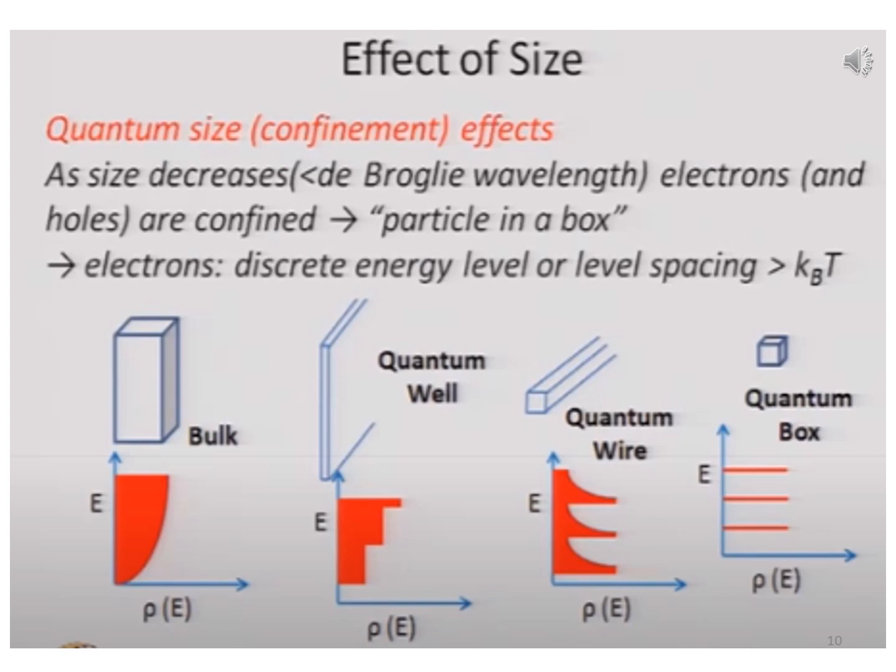But in the case of a quantum well, it will not vary continuously. In this figure you can see that the density of states does not start from zero like in the case of bulk.